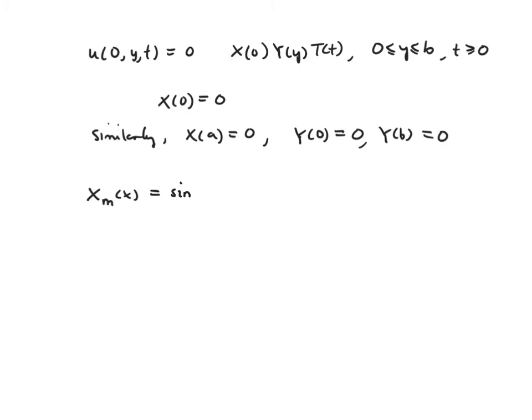The form of these is sine of m pi x over a, such that it equals 0 when x equals a from the boundary condition, where m is 1, 2, 3, and so on. And then similarly, Y_n of y is sine of n pi y over b, where n is equal to 1, 2, 3, and so on.